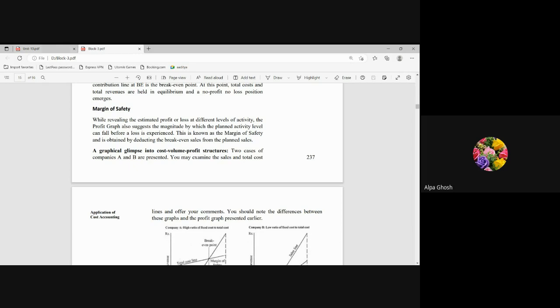Am I clear? Again, I am repeating. There is a planned sales, budgeted sales. How to come to the margin of safety? It is the planned sales minus your actual sales.